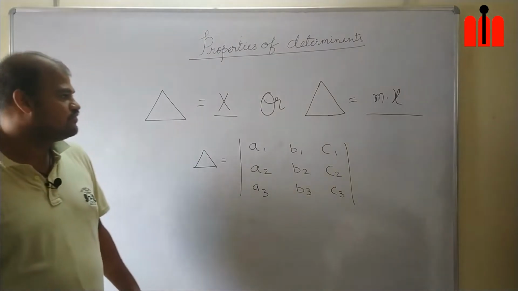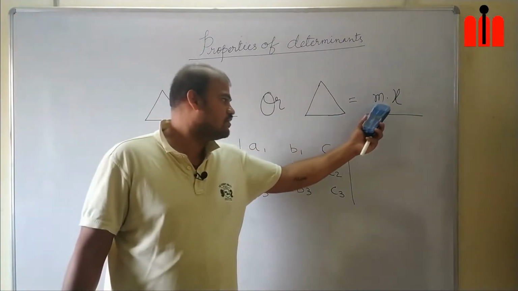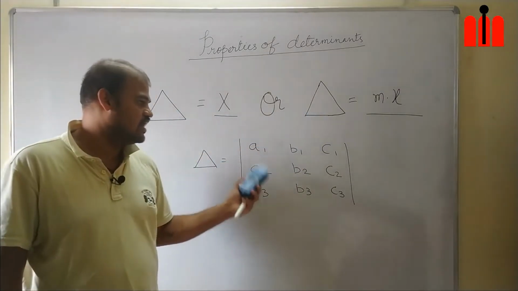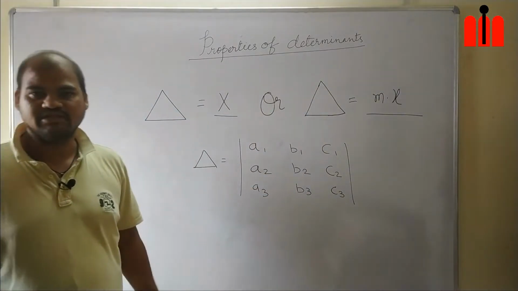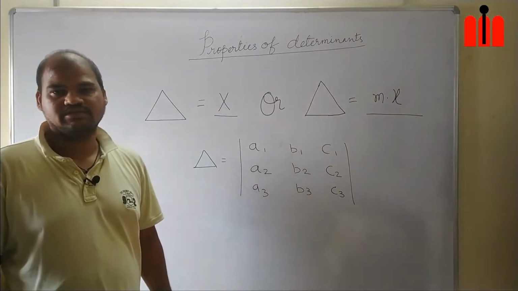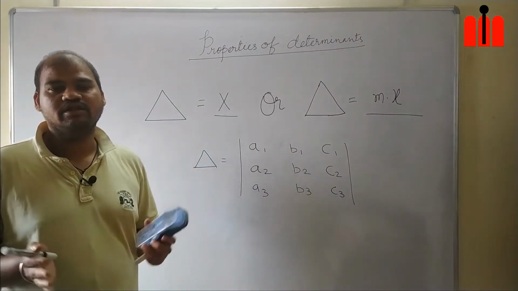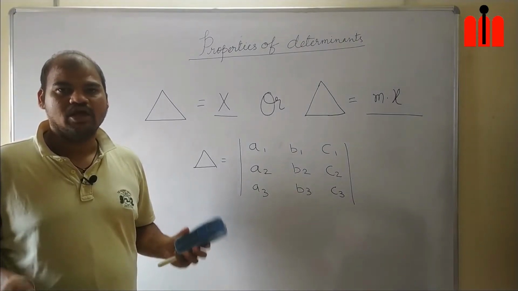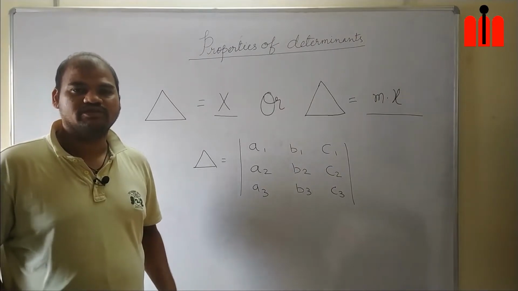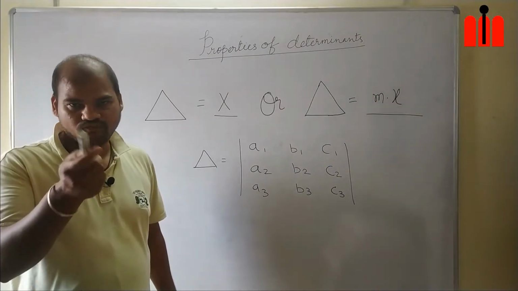We will see how x can be mx if some changes in the elements are there. This is what we will see in our properties. Chalo, we will start our property number 1 today.